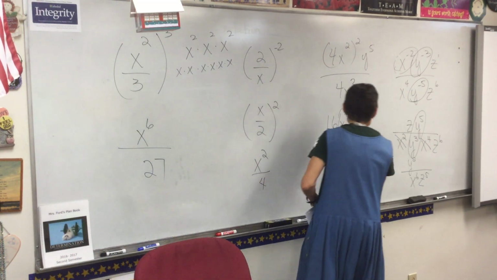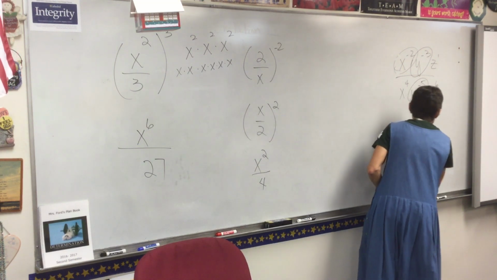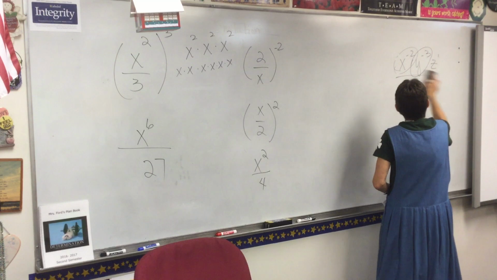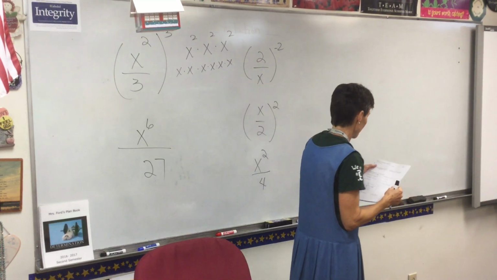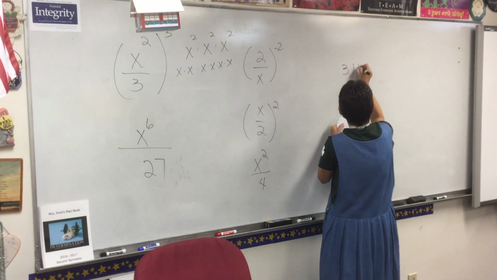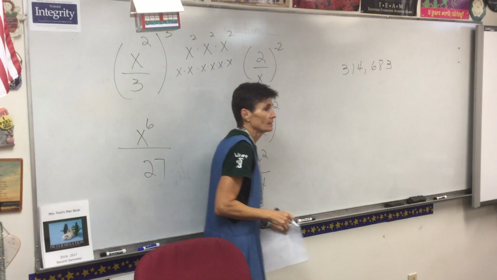Alright, now we got a little scientific notation going on. You have all had chemistry, so every single one of you is a scientific notation expert. So we want to write this number in scientific notation.